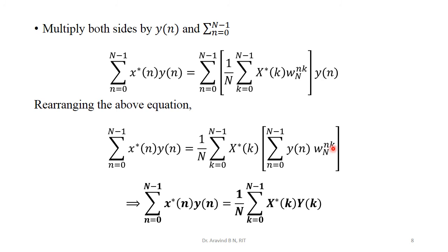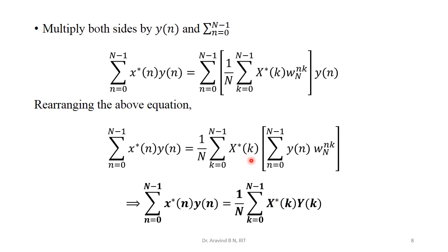Now this is nothing but y of k, or the DFT of y of n. Simply we can call this y of k. Therefore, replacing summation n is equal to 0 to N minus 1 y of n omega N nk by y of k, we get 1 by N summation k is equal to 0 to N minus 1 x conjugate of k.